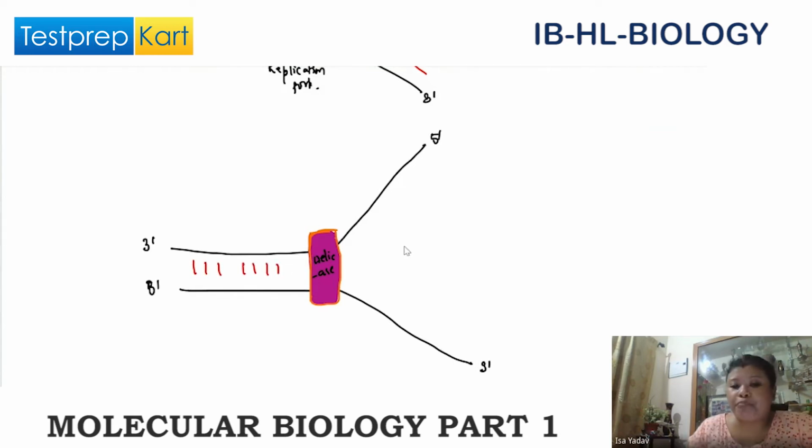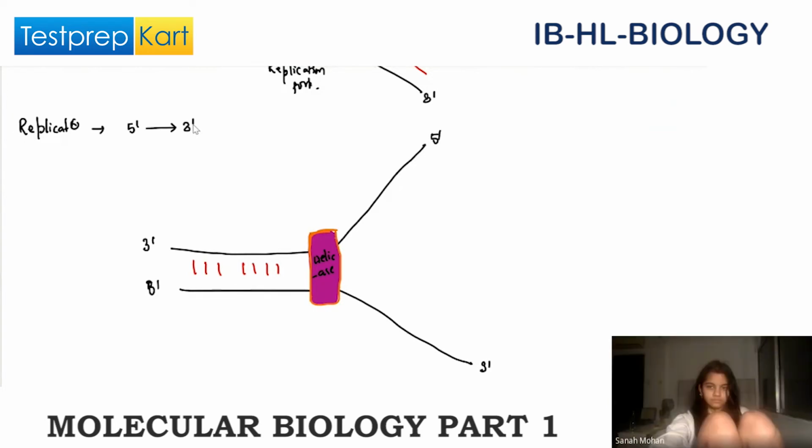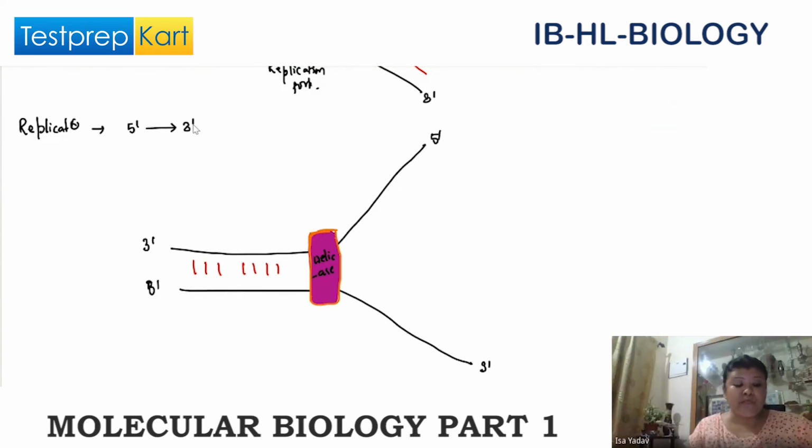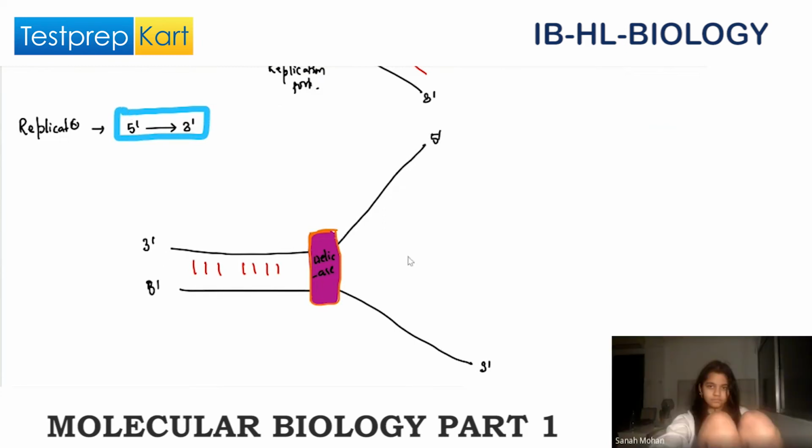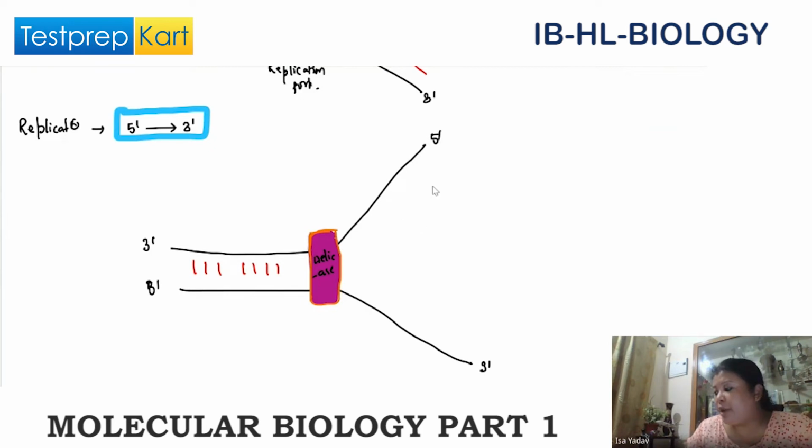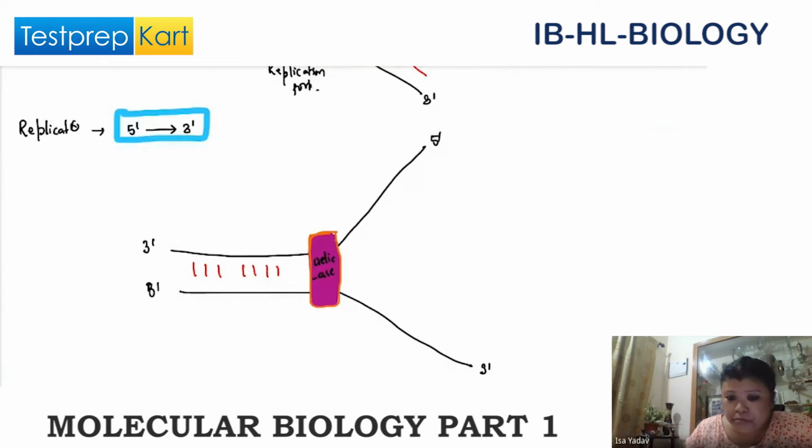Okay. So now you see the process of replication. Always remember, the process of replication will take place from 5 prime to 3 prime. From where to where? 5 prime to 3 prime. This is very important. Replication proceeds from 5 prime to 3 prime. So see here, the old strand.